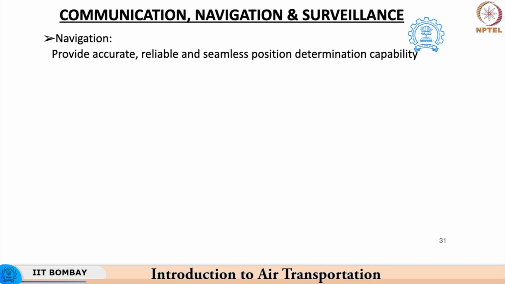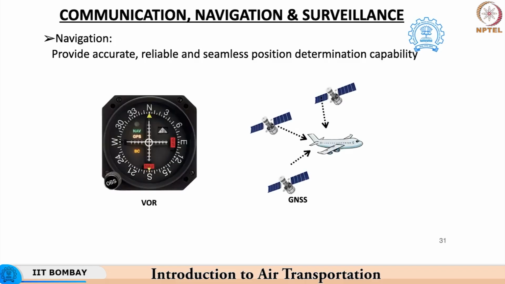The equipments that are implemented to carry out CNS operations these days on aircraft are mainly related to VHF operations, that is VOR, and SATCOM. VOR, I mentioned to you in the previous presentation, is basically an equipment that makes use of VHF communication to carry out navigation, whereas the SATCOM navigation system makes use of a constellation of satellites to determine the overall coordinates of the aircraft.